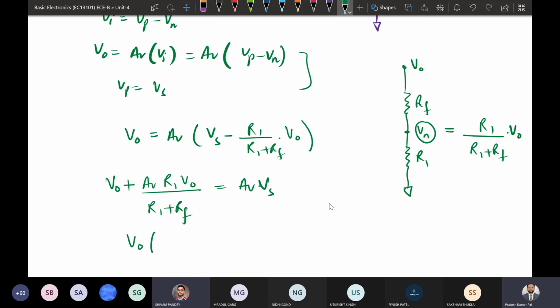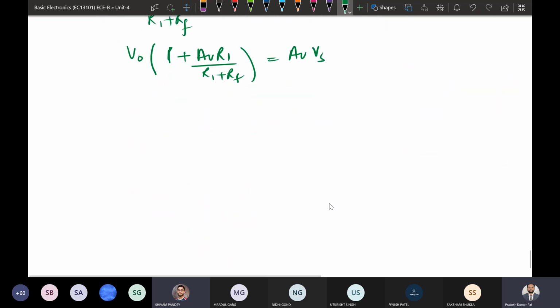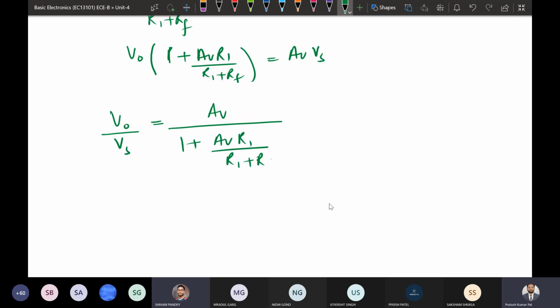So from there, separating V naught, it will be 1 plus AV R1 divided by R1 plus Rf, times V naught, equal to AV Vs. So V output divided by V input, that is Vs, will be given by AV divided by 1 plus AV R1 by R1 plus Rf. So this is what we get in the case of exact analysis.